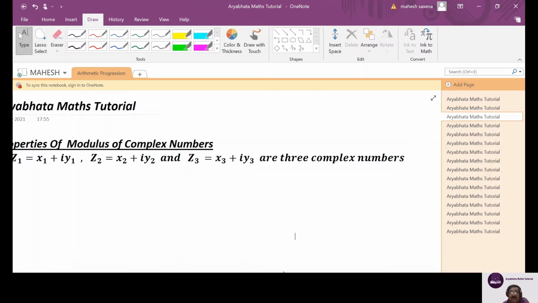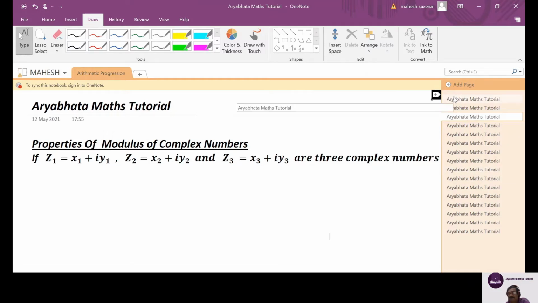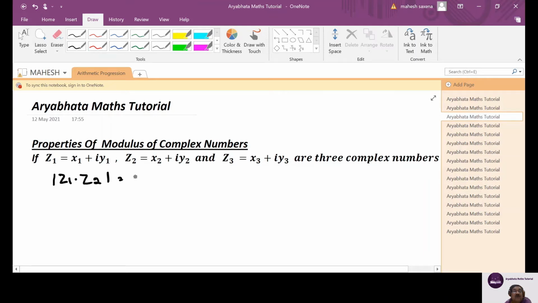We come to the properties of modulus of a complex number. Let z1 is equal to x1 plus iy1, z2 is equal to x2 plus iy2, z3 is equal to x3 plus iy3 be three complex numbers. Then modulus of z1 into z2 is equal to modulus of z1 into modulus of z2.